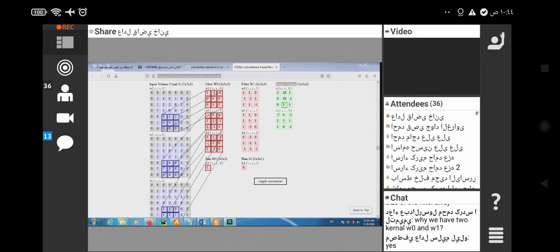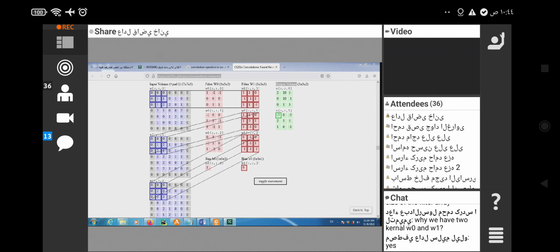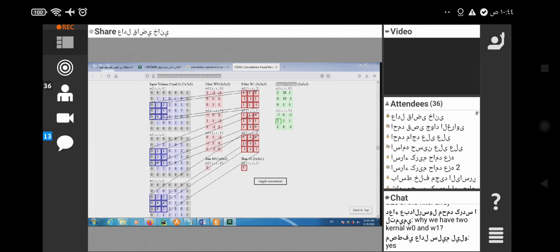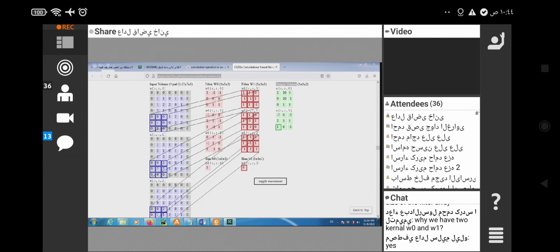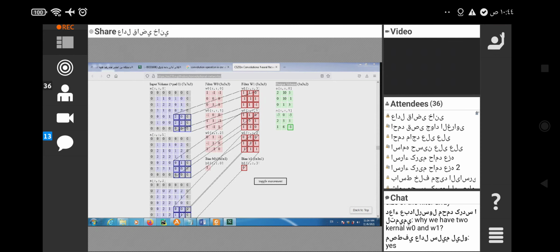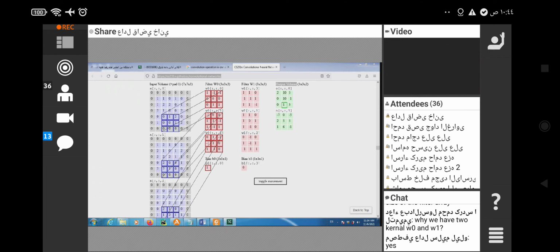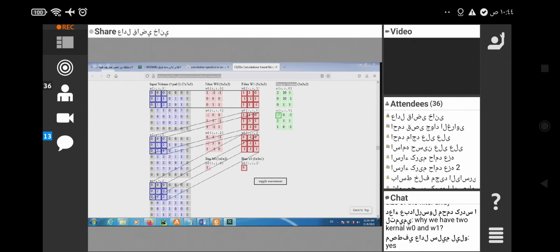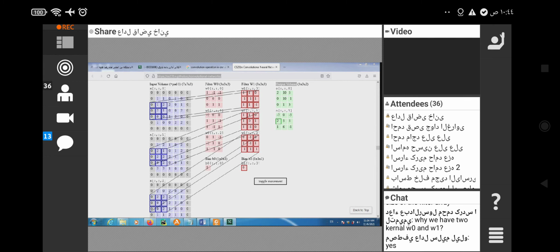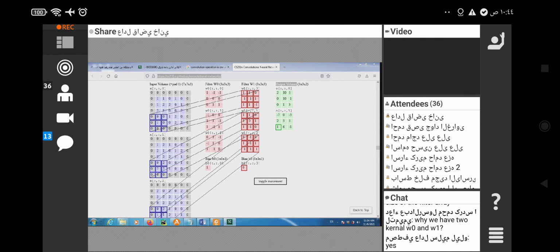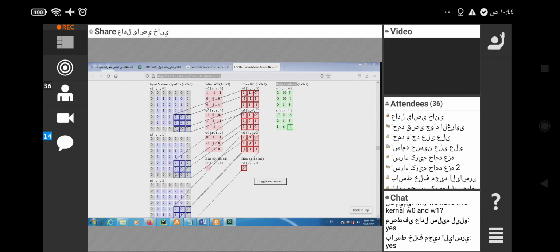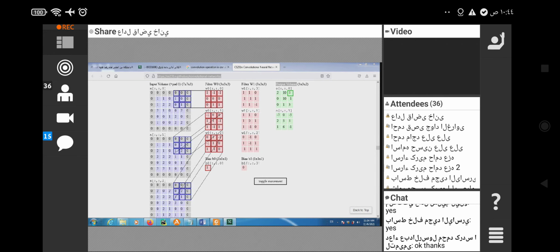We may have one kernel, but if we have more kernels in the convolution layer, it means that we will have more features. In this example, we have two kernels.